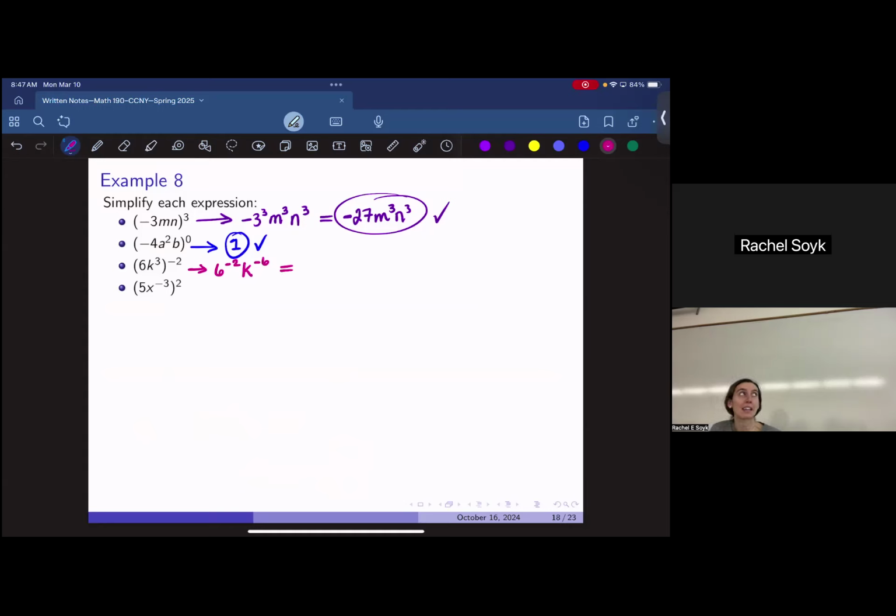They're both negative, so we can just put it as 1 over the positive versions of both. 6 to the second, k to the 6th. And what is 6 to the second? 6 times 6 gives you 36. And then k to the 6th stays the same. And we're done.